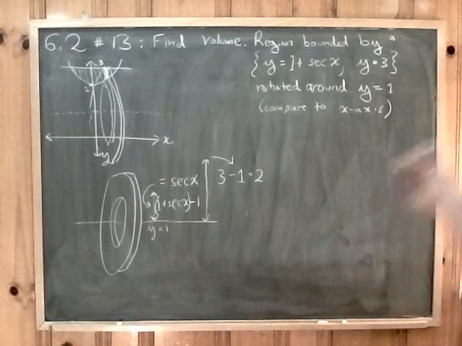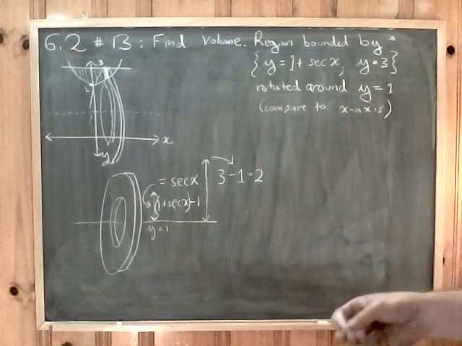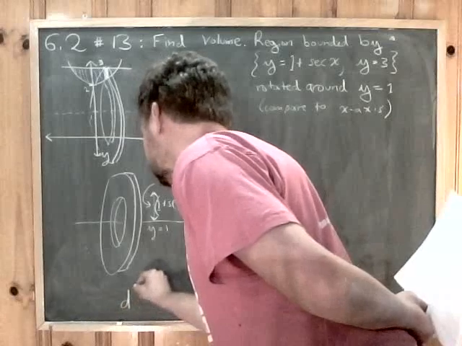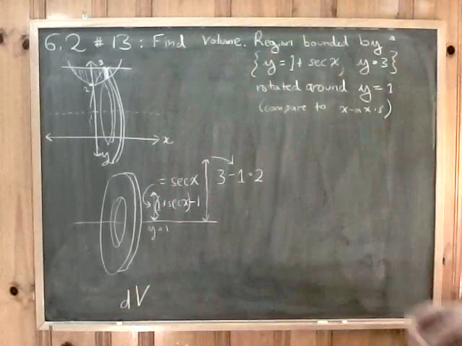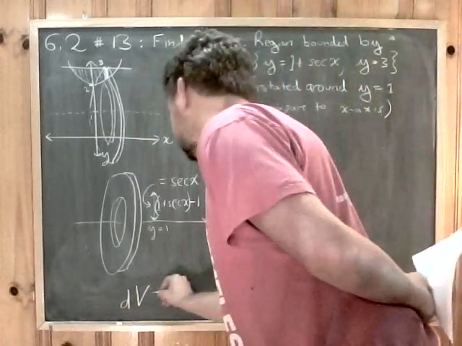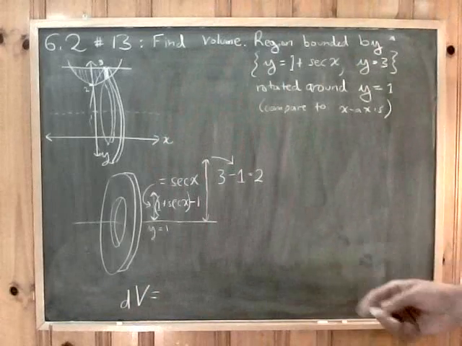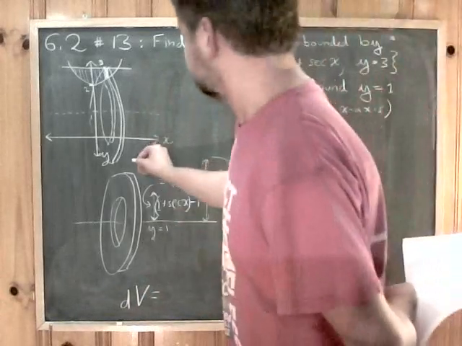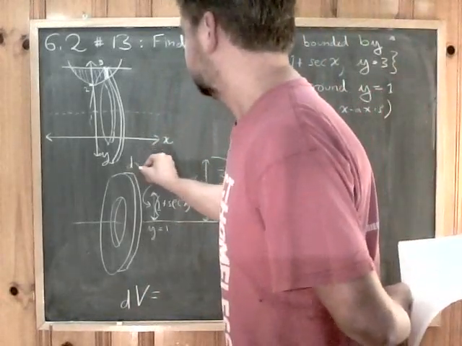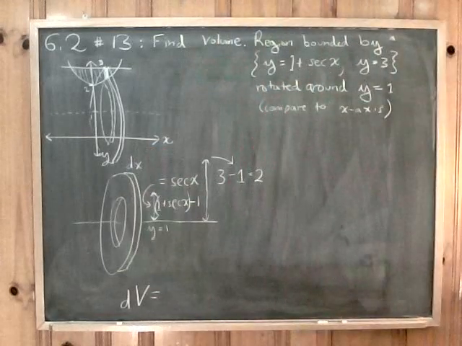And then I can just put it together quickly, because I know that dV, the little volume of the washer, will be the two radiuses, and the thickness will be dx. That's the thickness of the washer.